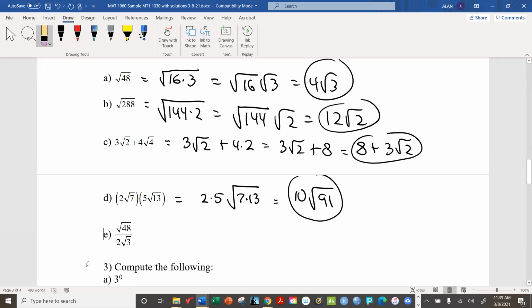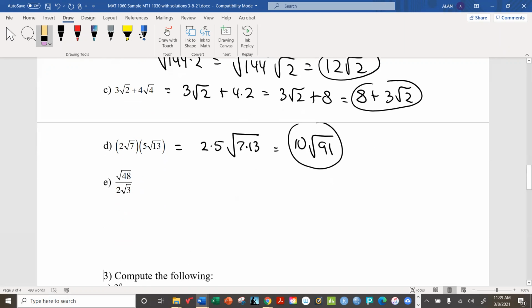All right, now this last one. Ooh, what can we do with this one? We got a couple of options. And again, you might get this through a different path, but in the numerator, you'll notice that we had this one earlier. This can be rewritten as radical 16 times 3.